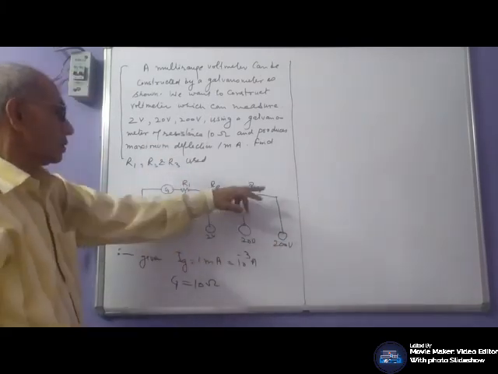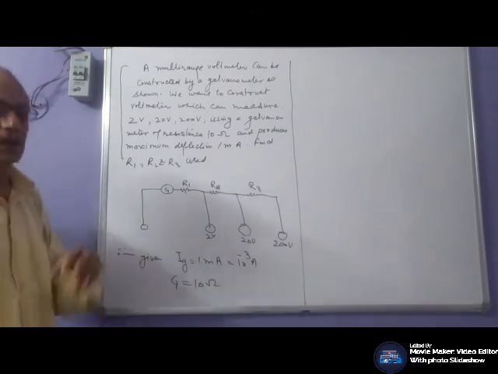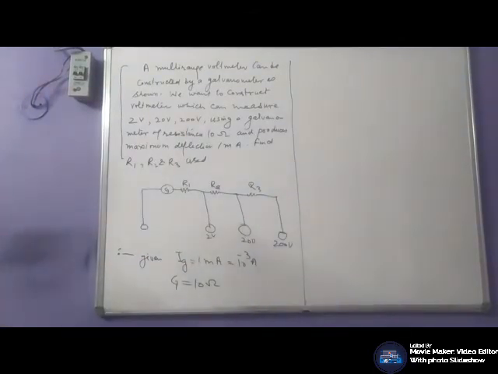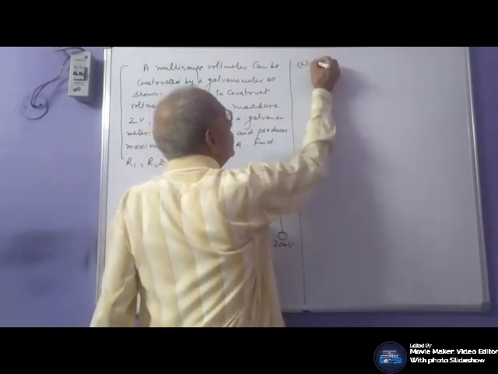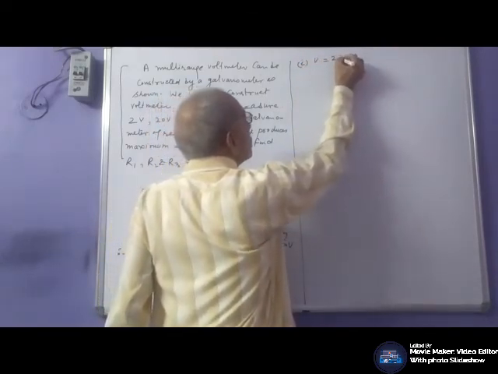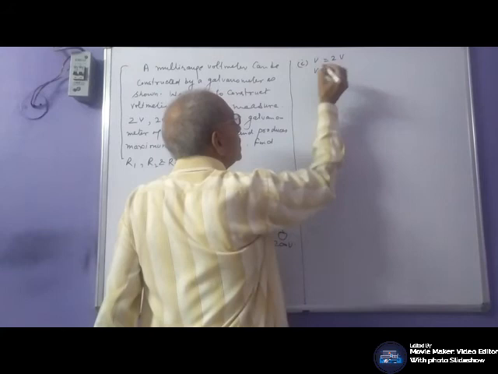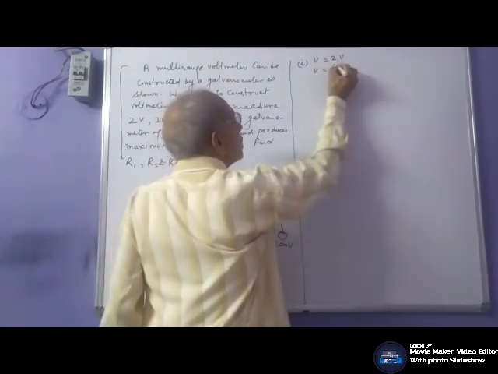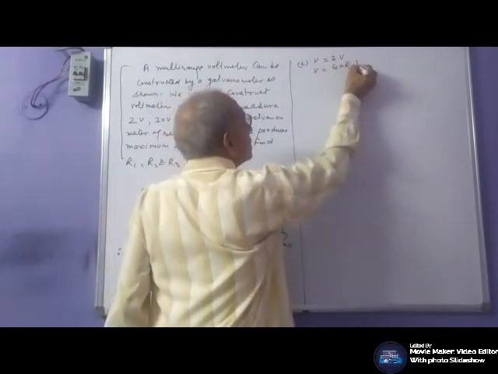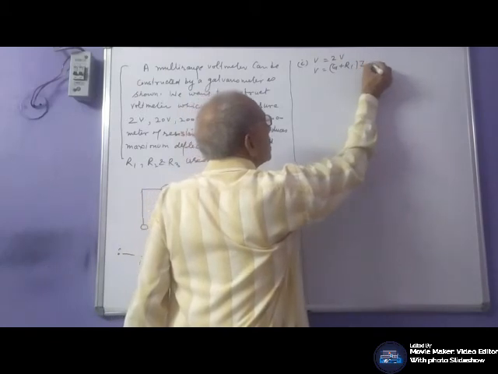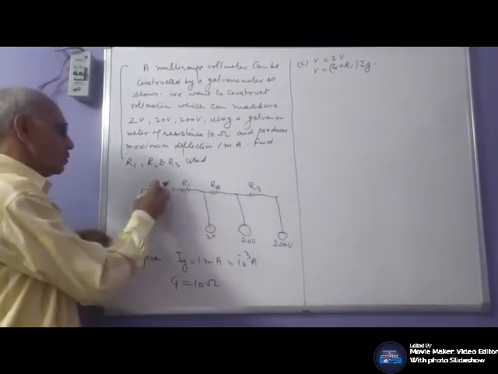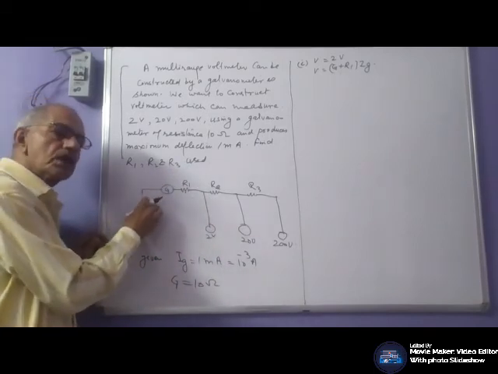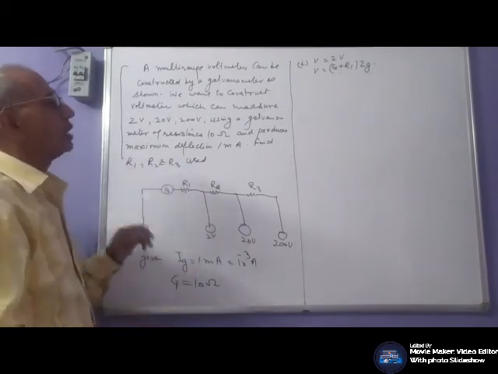For this voltage, these will be high resistance connected. Again, first, V is 2 volt, V equals R I. What is R here? I is Ig. Ohm's law. This is the total resistance, this is the current, this is the voltage.